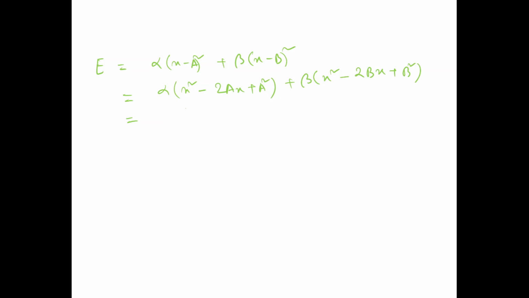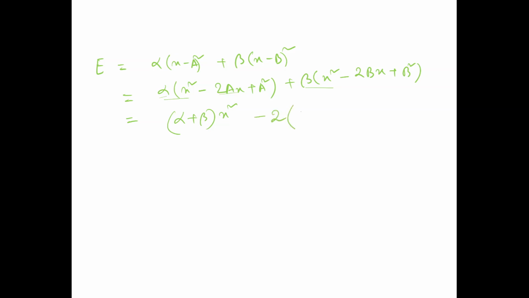So from this term and this term, you'll have (alpha plus beta) x square, right? And from here, this and this, you can take common 2x.